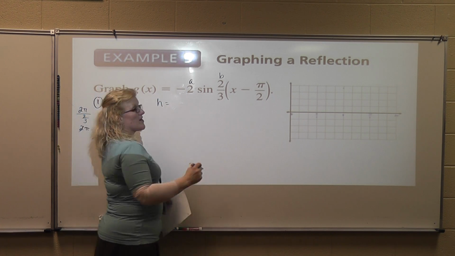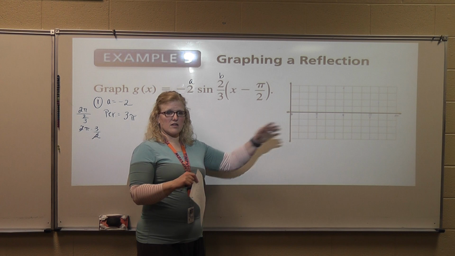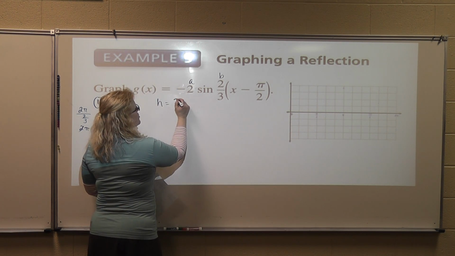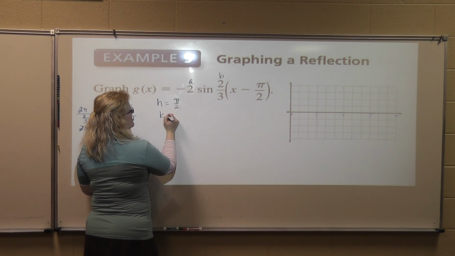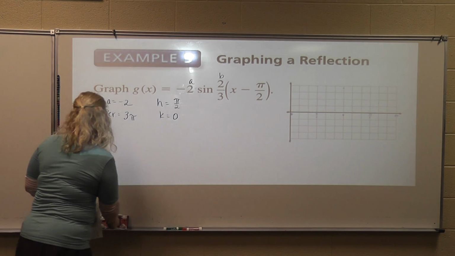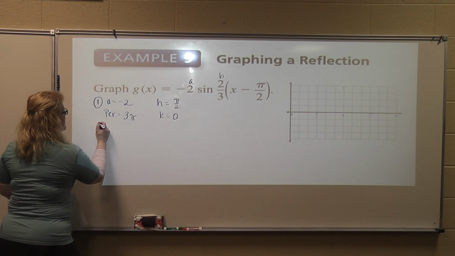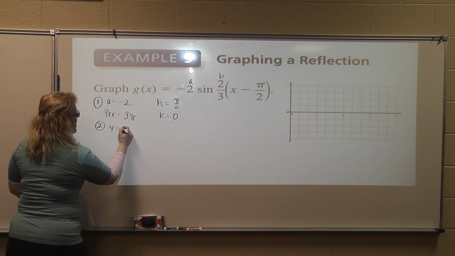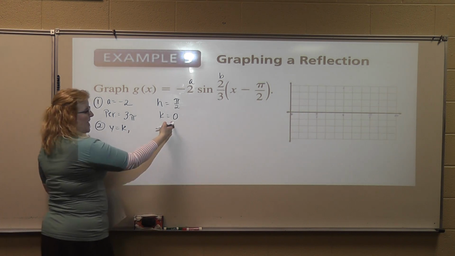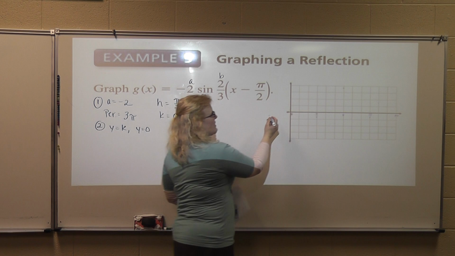Not only is this going to be flipped, but it's also going to move to the right by pi over 2. And it's not going up and down at all. So the second step, y equals k, that's my midline, and it's not moving up and down, so y equals 0.